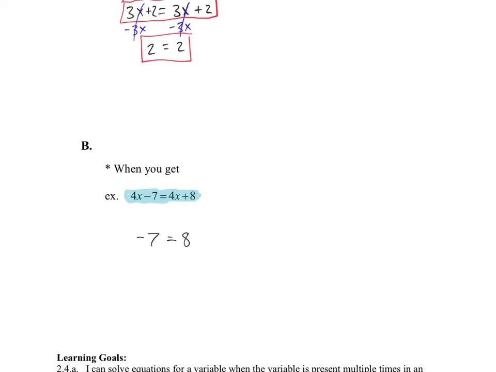So when we have this situation, we're solidly in letter B, which is no solutions. And that's going to happen when you get a number equals a different number, such as this negative 7 equals a positive 8.